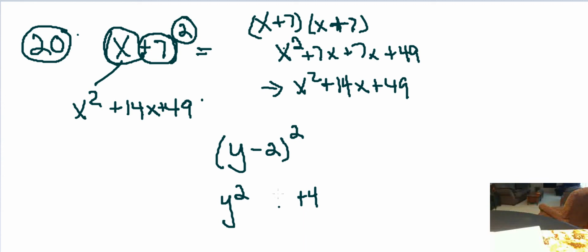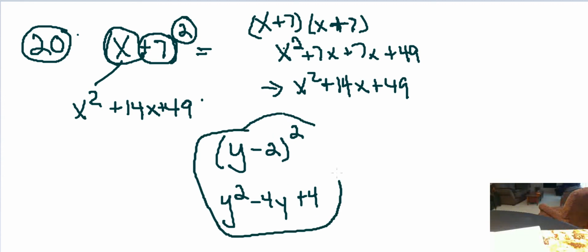And my middle term is going to be 2 times negative 2, which is negative 4, times y, which is negative 4y. And that's my answer to this in this example here. All right, let's see what else we got.